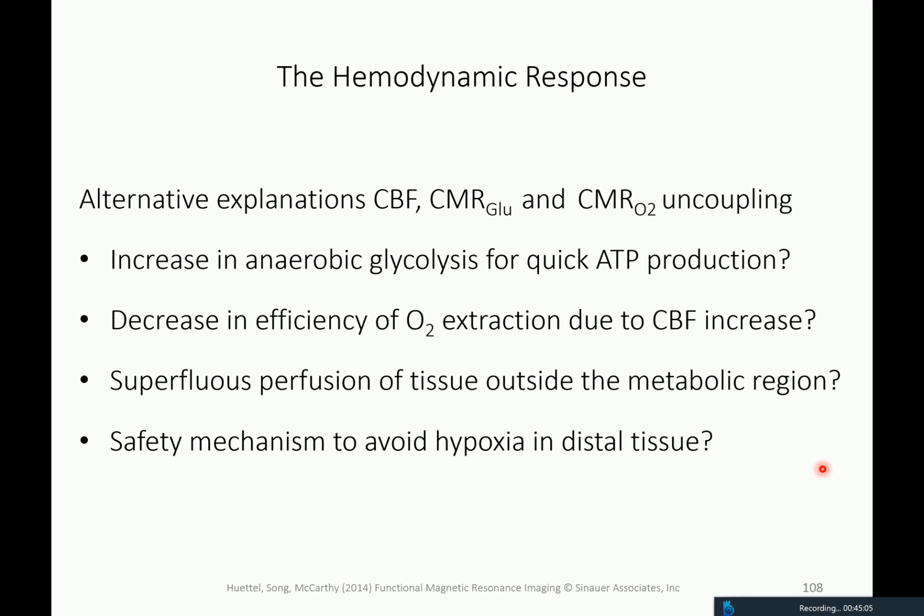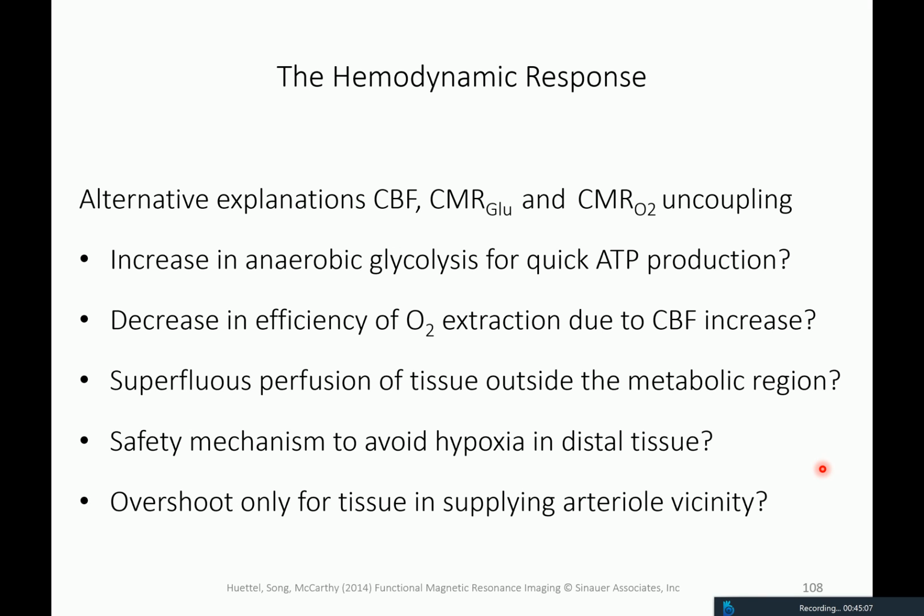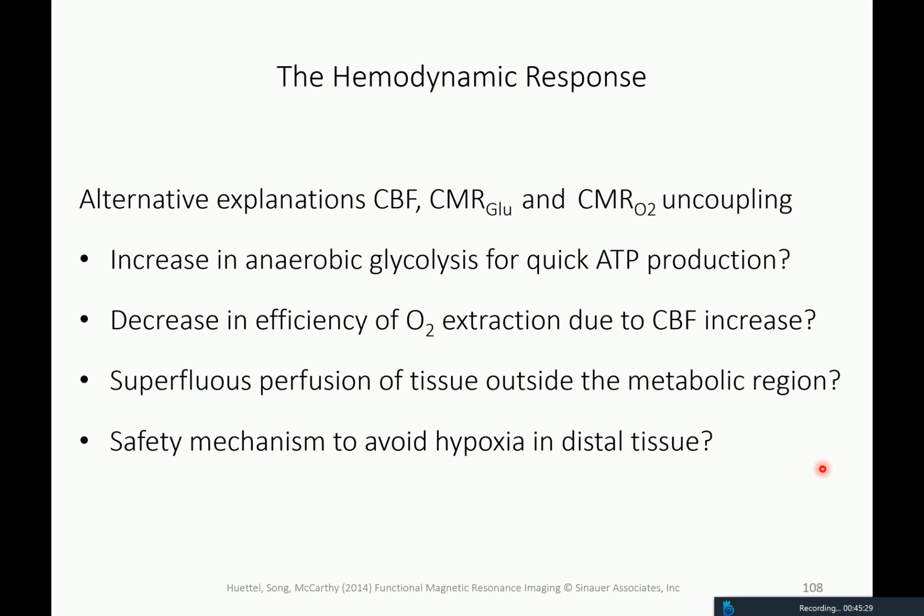And then: overshoot only for tissue in supplying arterial vicinity. I think it was the same last year, that I didn't really know what this last part is supposed to mean. Maybe let's keep it at this.